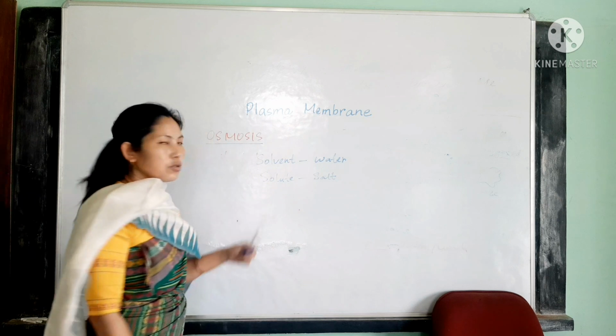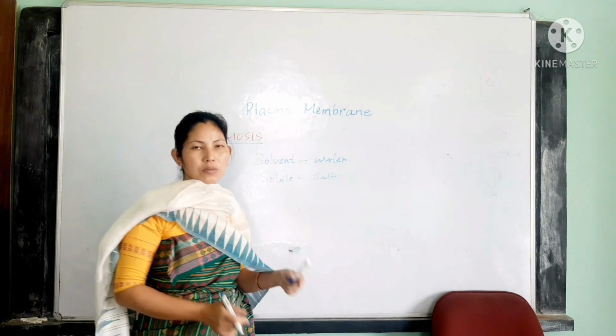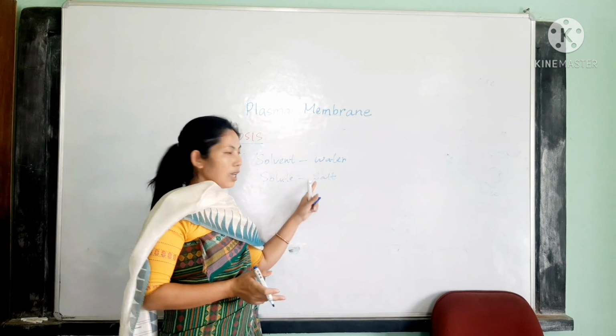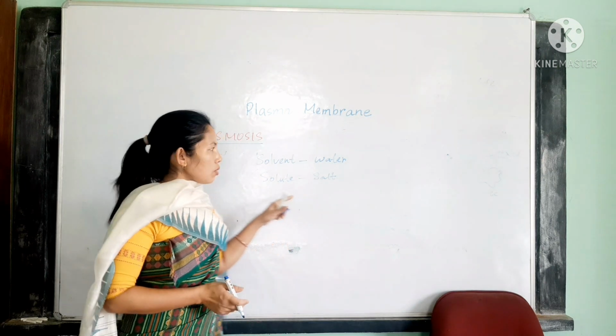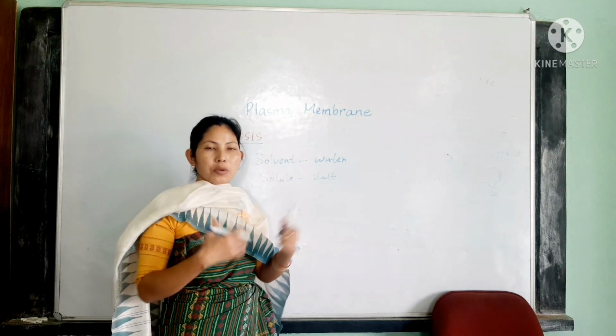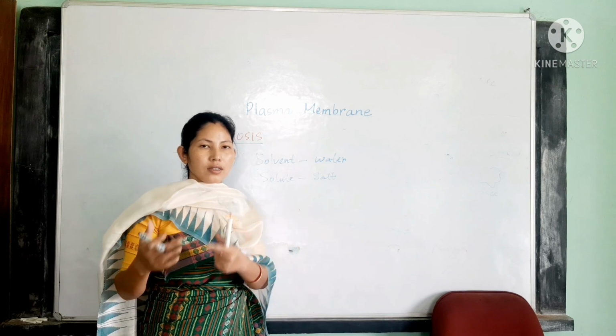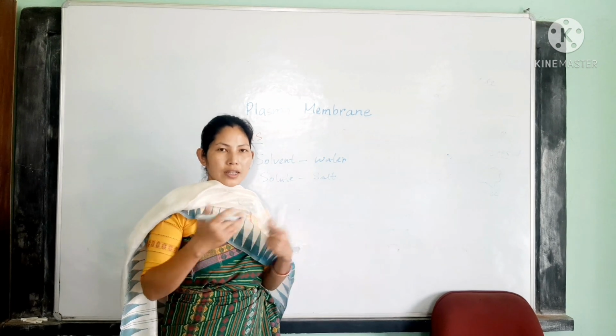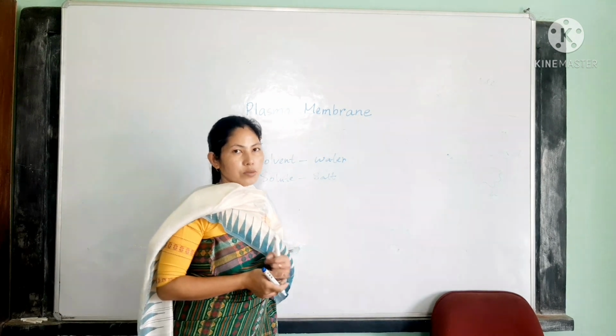So the solution will be a salt solution, a mixture of water and salt. According to the proportion of the solvent and the solute, there can be three types of solution.